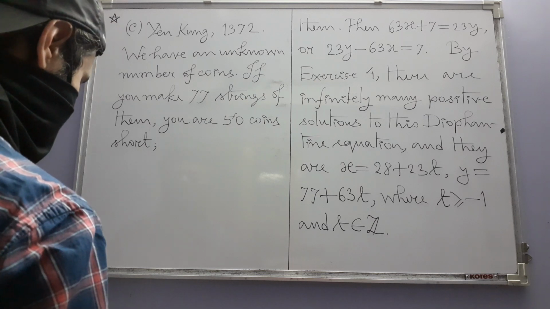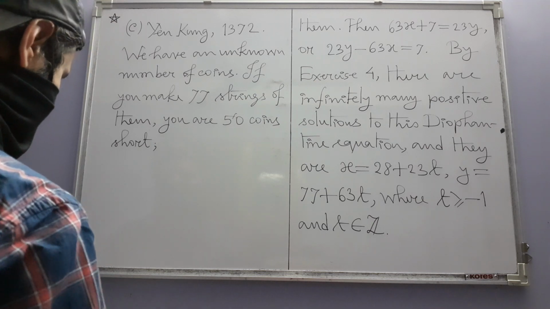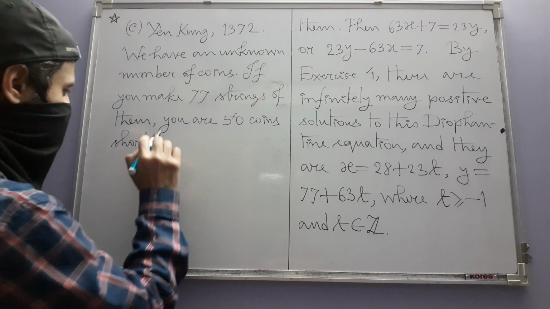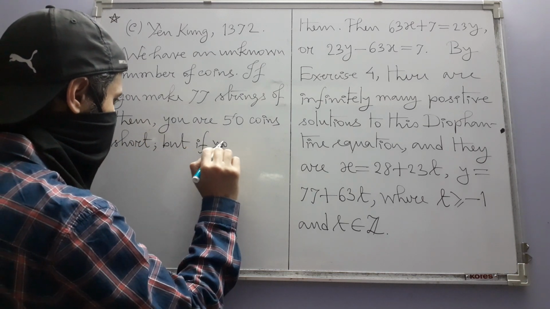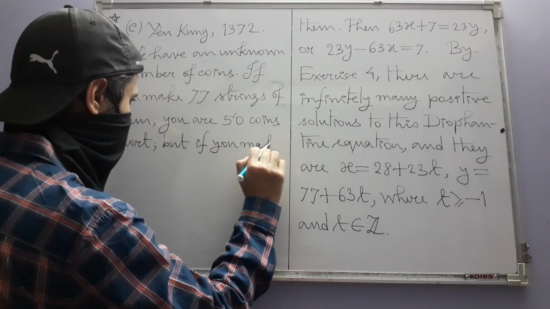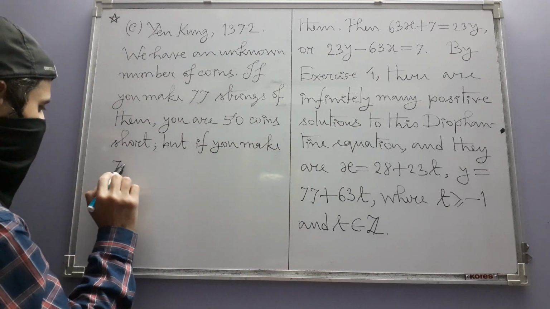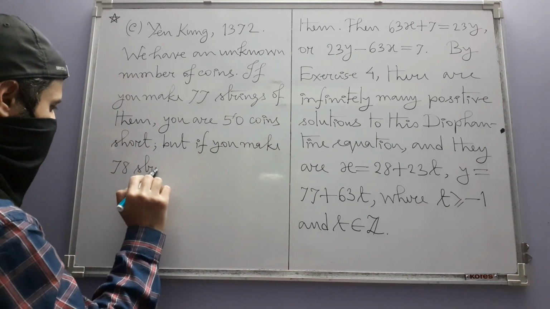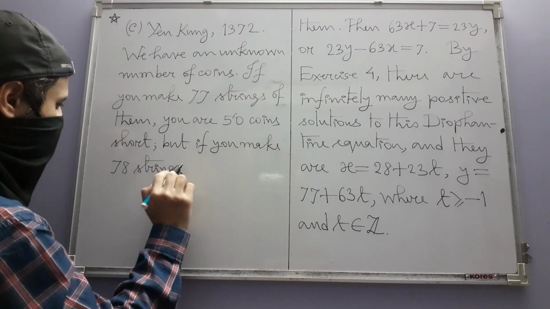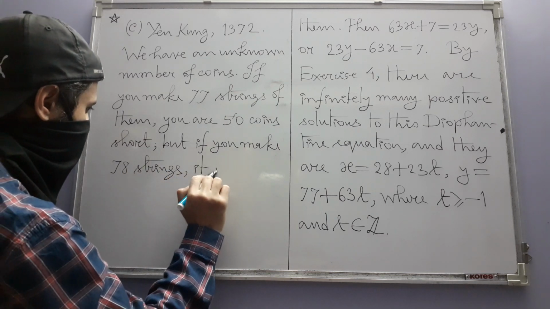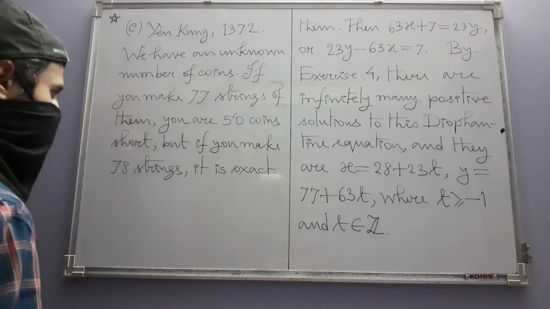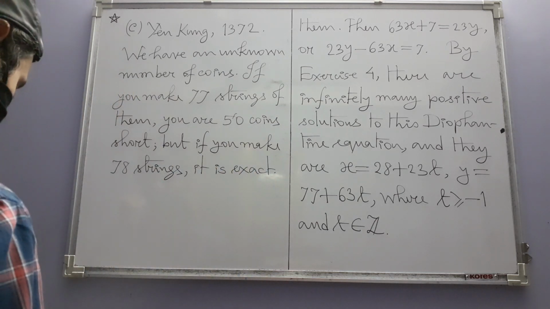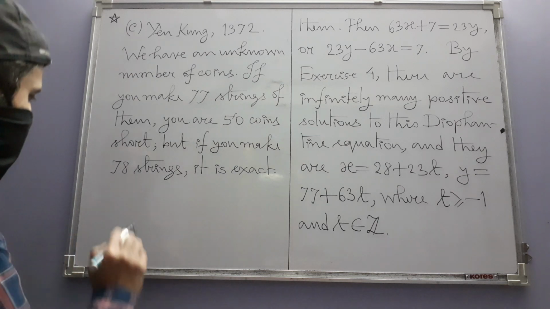But if you make 78 strings, one more, it is exact. How many coins are there?